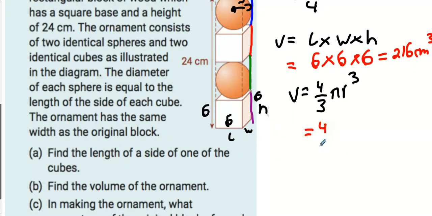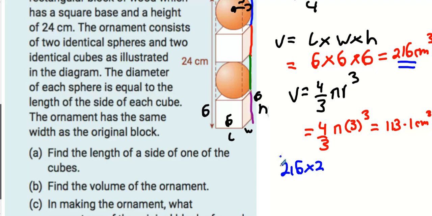Who got the volume of a sphere? So it's 4/3 pi r cubed. So what do you get? 113.1. Is that right? Now, lads, this blue one is the size of a cube. We're going to double it, and then we're going to double the sphere because there are 2 spheres.